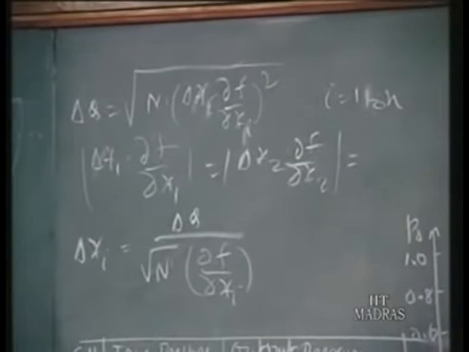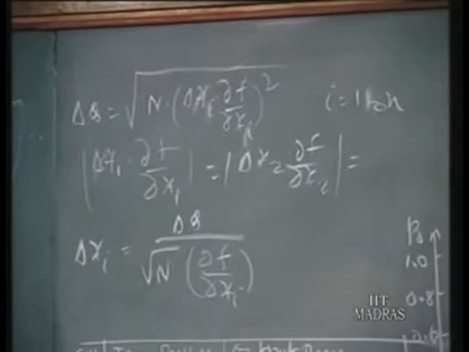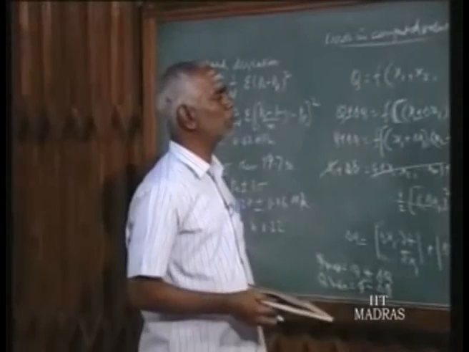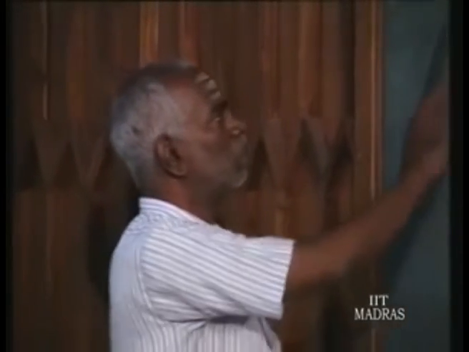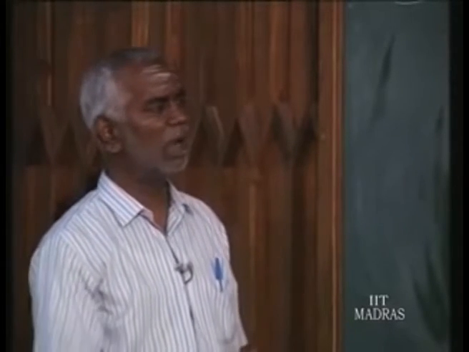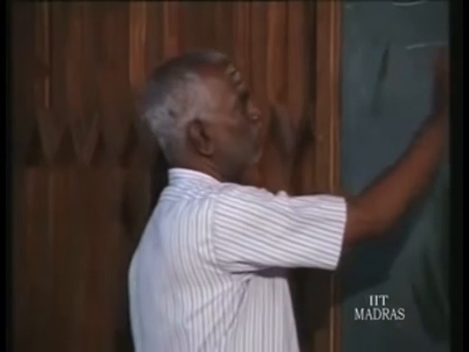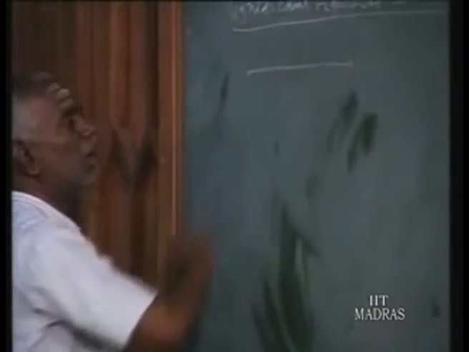Now we can work out some examples also of how these equations are made use of. Before we learn how to use those equations, it is important we know something about significant figures and rounding off. This is very important in the sense that suppose we use one time a very precise instrument, another time a very rough instrument, and we want to find out the length of a line.